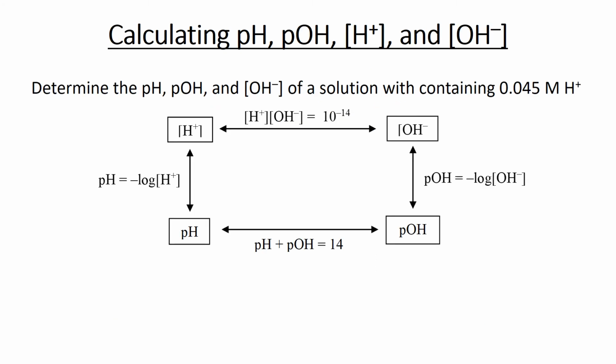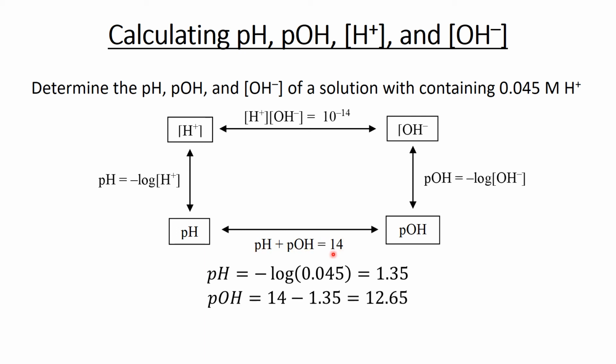So let's say I have 0.045 molar H+. So here's my H+ concentration. I'm going to find the pH first. So my pH is just the negative log of my H+ concentration, so that is 1.35. So now, once I have the pH, I can find the pOH, because I know the pH plus the pOH is just equal to 14. So the pOH is 14 minus 1.35, and that's 12.65.